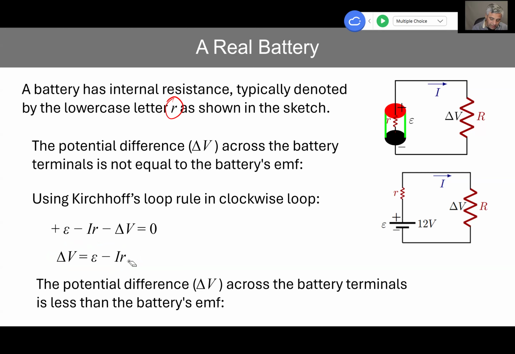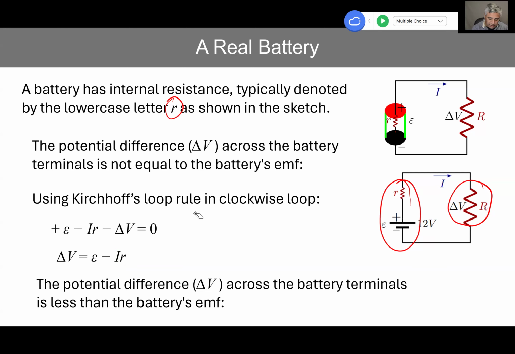So now, especially when a large current is flowing, what happens? Even when this resistance is very small, if a large current is flowing, then there is going to be some substantial amount of drop. When a large current flows through the circuit, when the main resistance is relatively small.